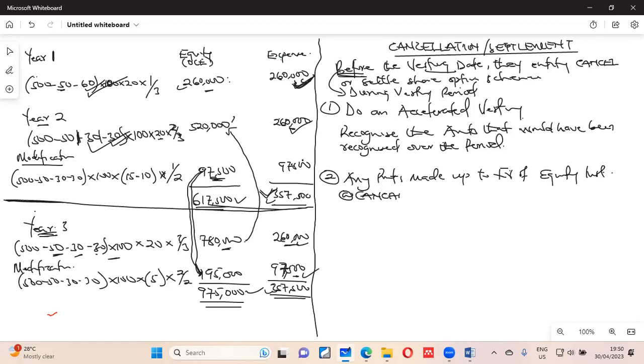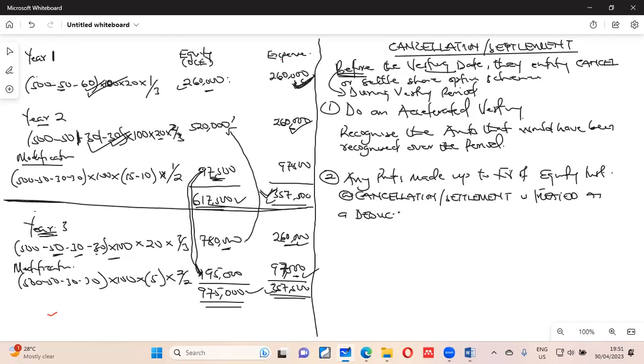So at cancellation or settlement, because you can't just cancel an agreement like that. You have to suffer for it. Any of such is treated as a deduction from equity.